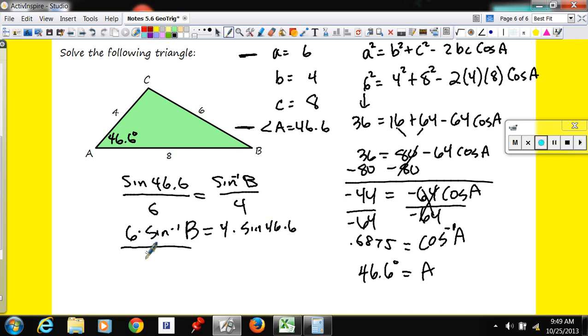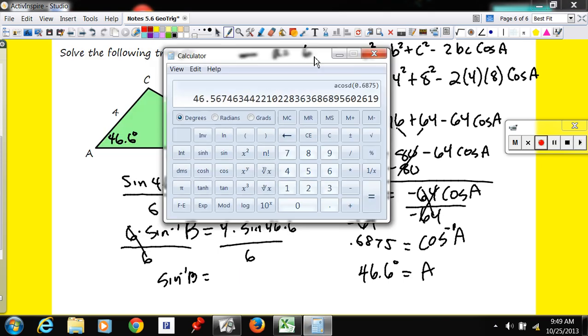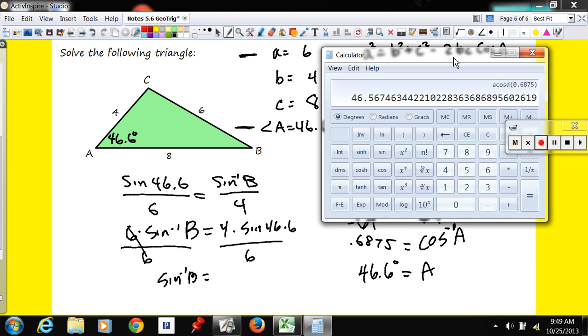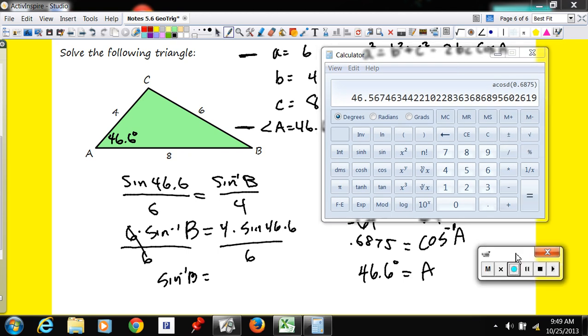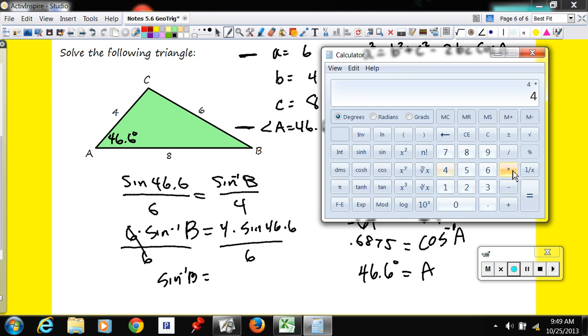and we're going to divide both sides by 6. We want to get the inverse sine of B by itself. Let's multiply all this stuff and divide by 6. See what we get. 4 times sine of 46.6 is 2.9, and then we're going to divide that by 6.